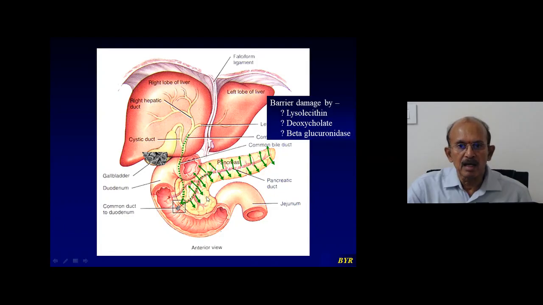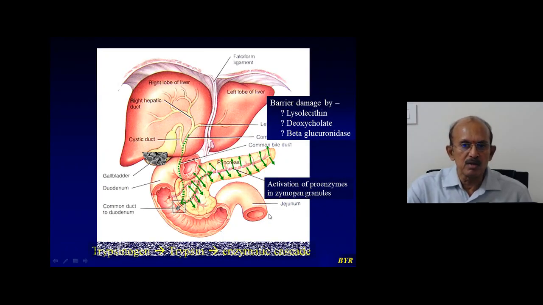Bile contains alkaline juice, lysolecithin, bile salts, and beta glucuronidase. So these things will now activate the proenzymes into the active form. The proenzymes are in the zymogen granules.